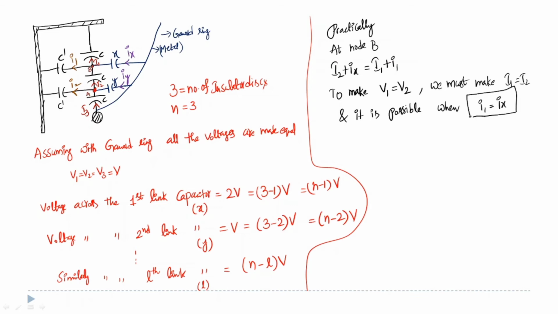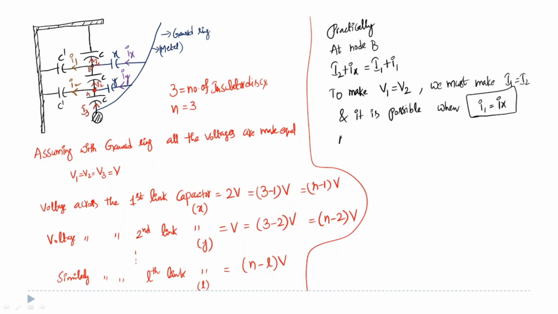So I am creating one more current which is opposite to that current and of equal magnitude, so that these two currents get cancelled out. You will have the same current through this insulator disc as well as through this insulator disc, by which you can get equal voltage. This is what we are doing by using a guard ring.